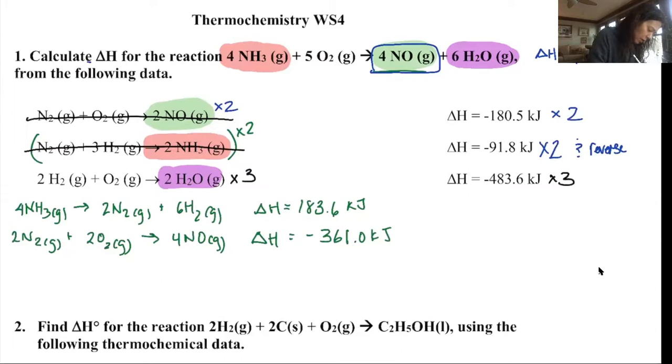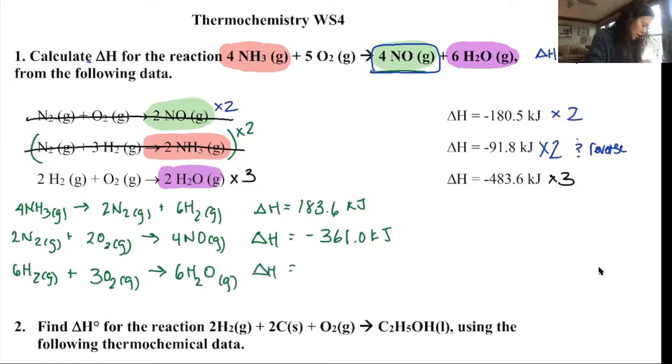So that will give me 6H2 gas plus 3O2 gas yields 6H2O gas. And the delta H for that process is negative 483.6 times 3 equals, and that is 1,450.8 kilojoules. Now let's look at this equation.